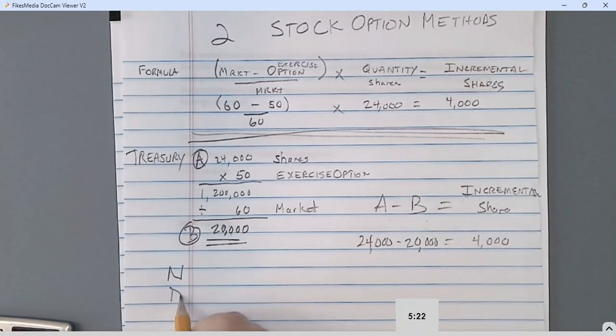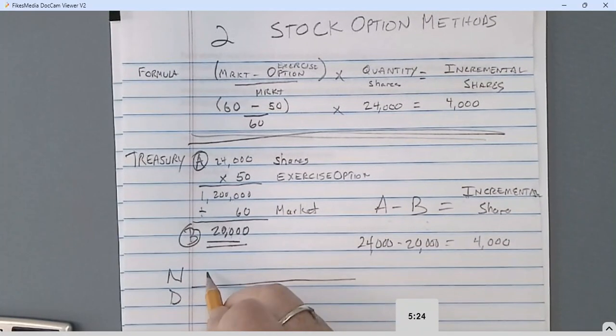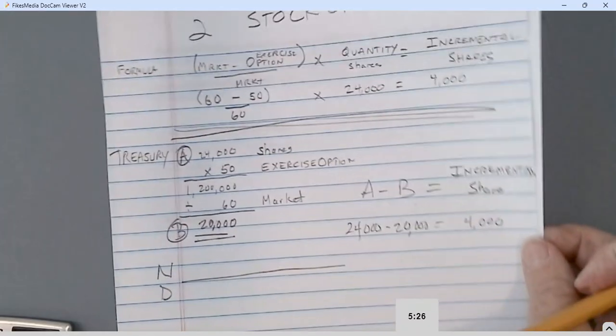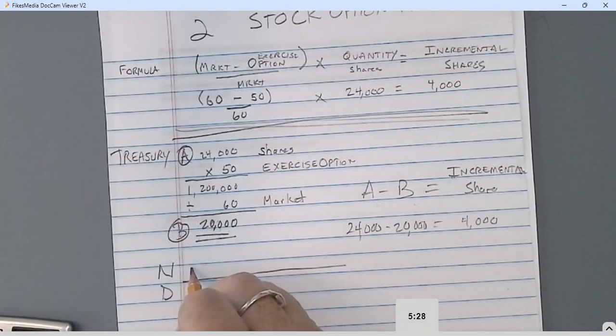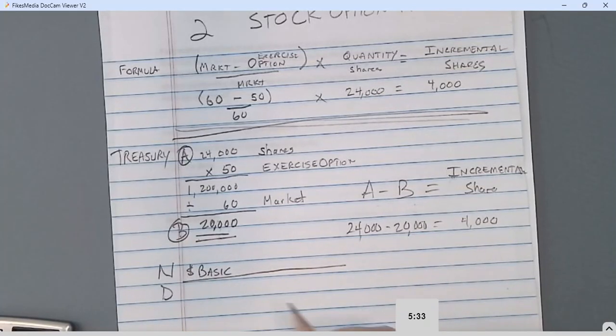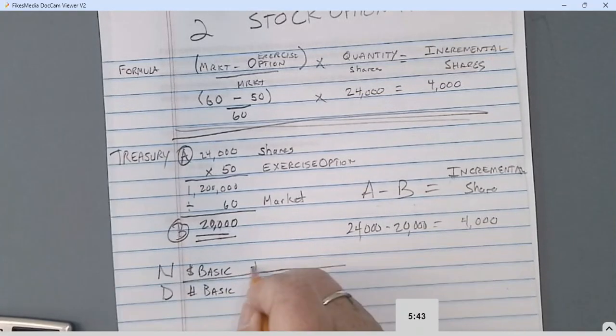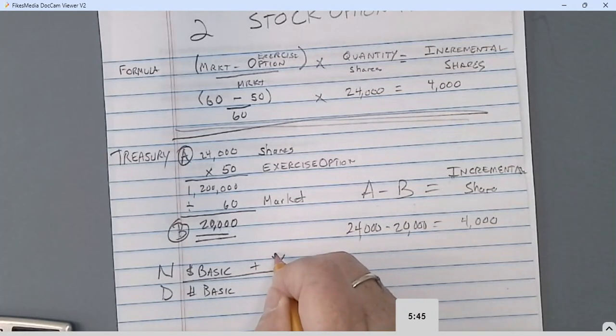All right, one more thing. Numerator and denominator. So the numerator will have, in both cases, the basic number for the earnings per share available to stockholders, and the bottom one will have the number of common stock available. You will not add anything on top.